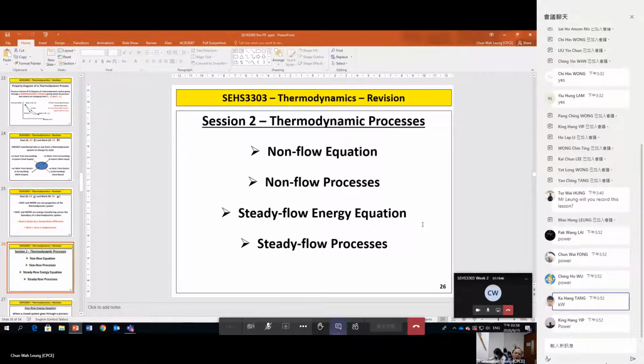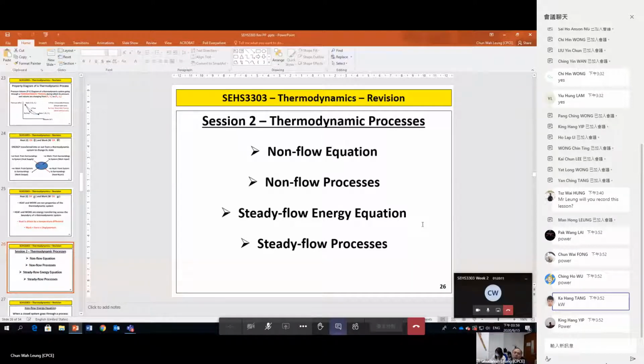To describe what happened inside a non-flow process, especially about the heat transfer, the work transfer, and also the change in properties, we rely on the so-called non-flow equation.